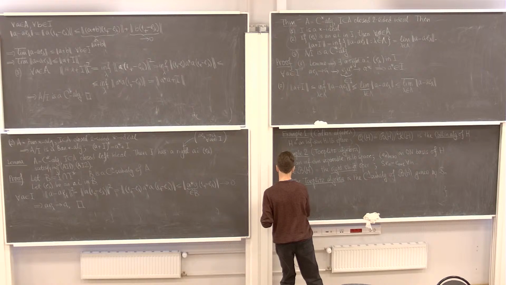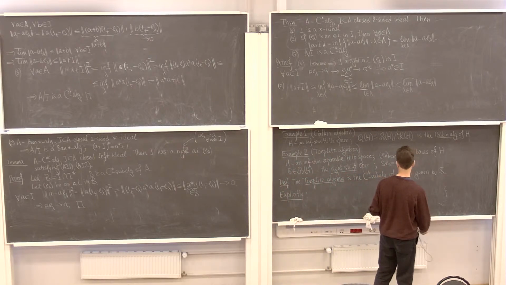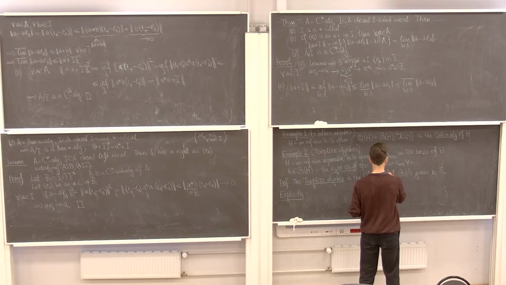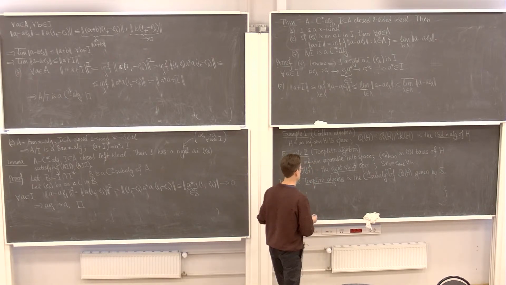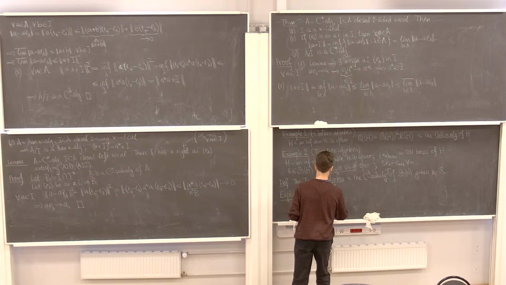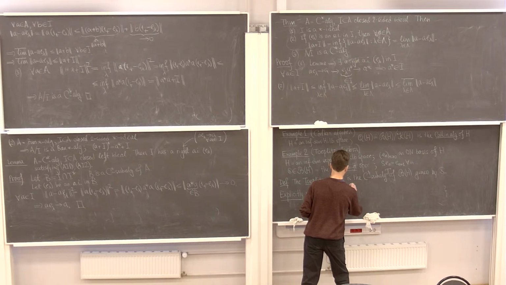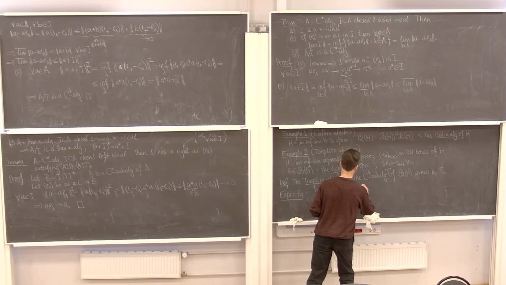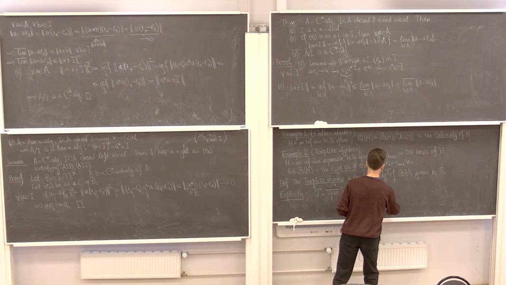Explicitly, this algebra can be described as follows. Let's denote this subalgebra by T, calligraphic. So this subalgebra T is the closure of the linear span of all monomials of the form S to the power K times S star to the power L, where K and L are non-negative integers.